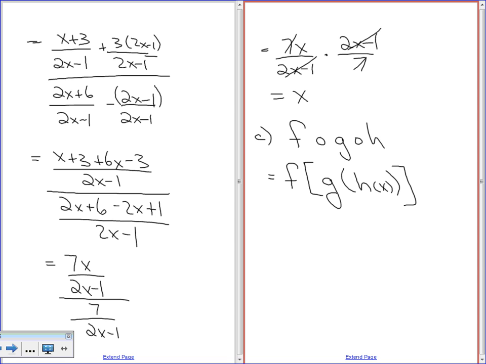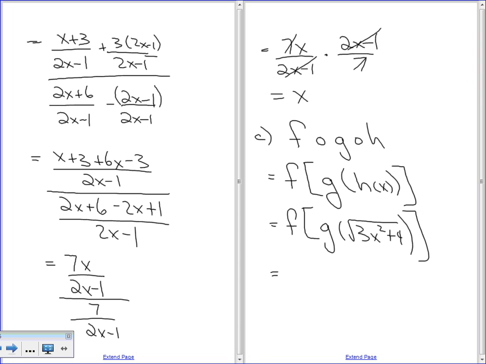So with composite functions, you always start with the inside and you work your way out. So the first thing I'm going to do is replace what h of x is. And h of x was the square root of 3x squared plus 4. That make sense? Okay. Then I'm going to take that square root of 3x squared plus 4, substitute it into the g function everywhere I see an x.